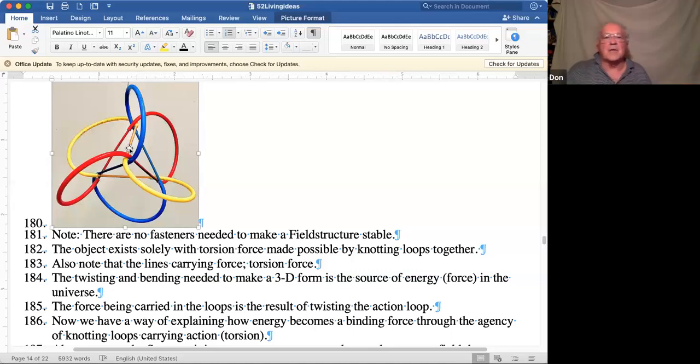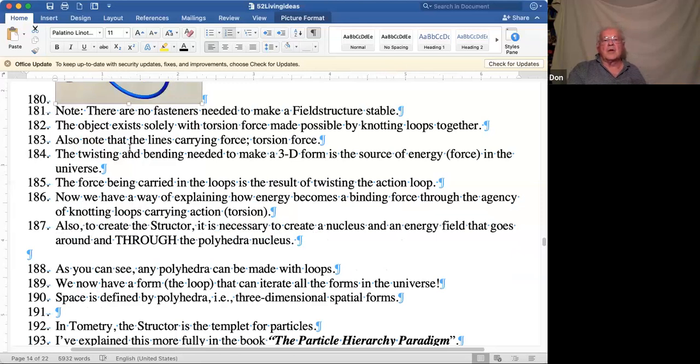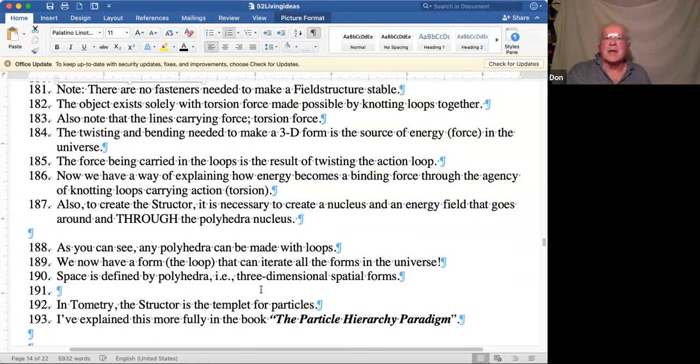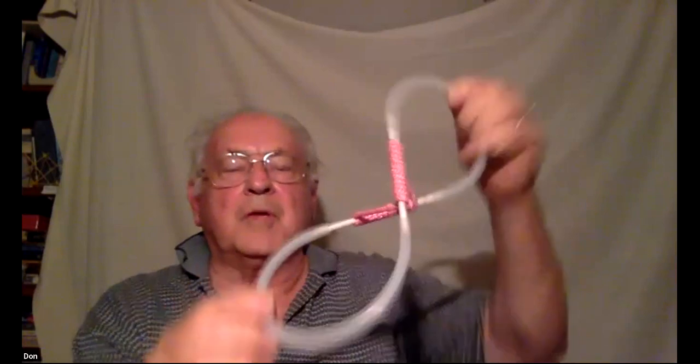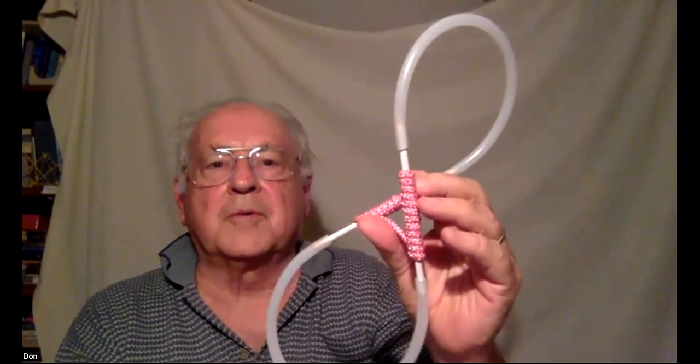And now we have a way of looking at what energy is. And I'm going to stop sharing again. This form here has taken the frequency of this wave and sequestered it to the center.